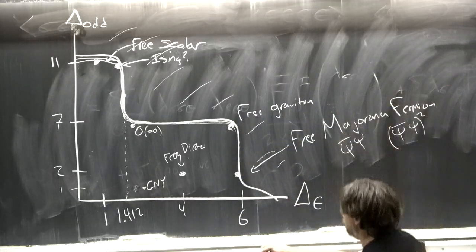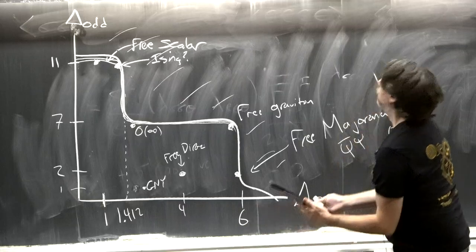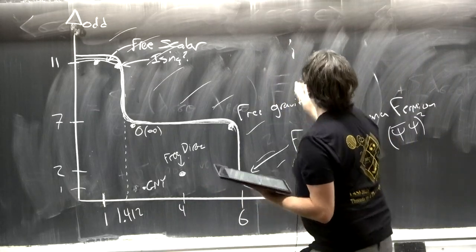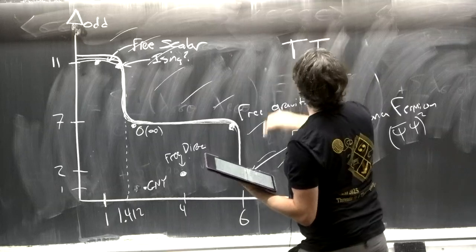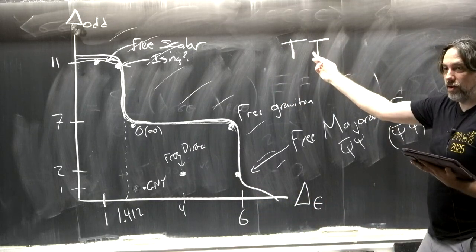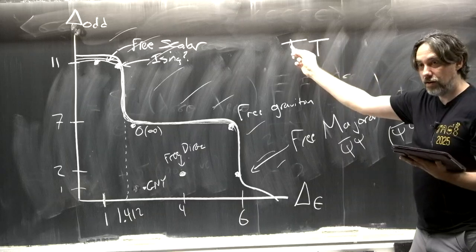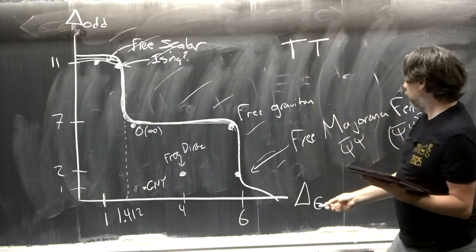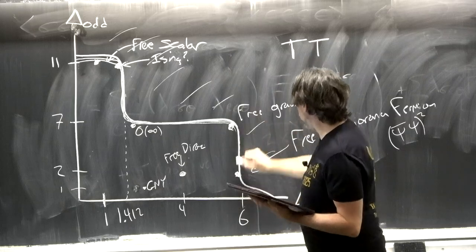So the point is that you have some composite operators, like a TT double trace operator. That's a scalar that has dimension 6. And that corresponds to this 6.